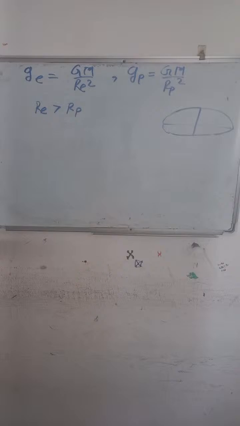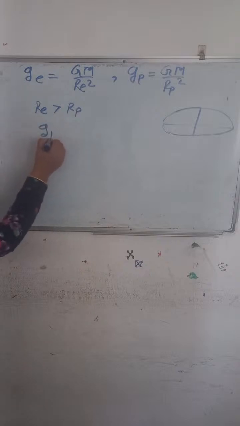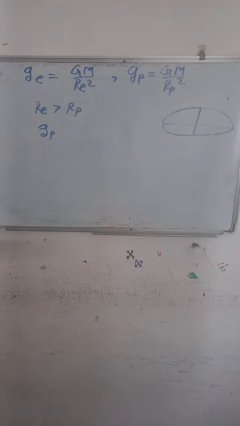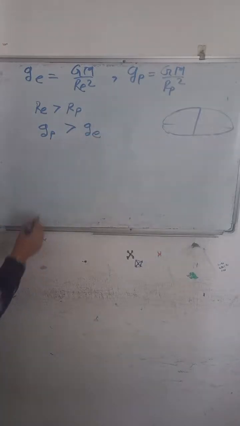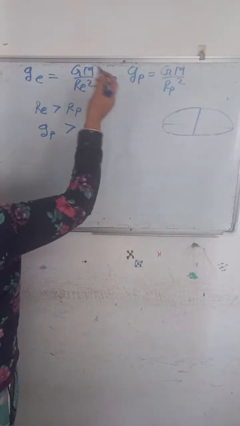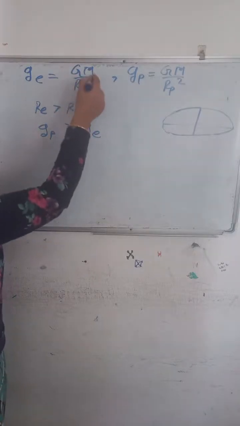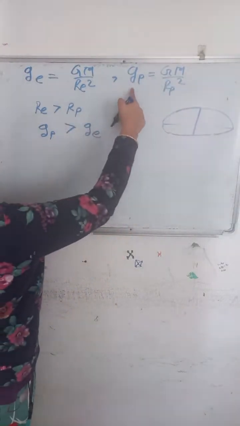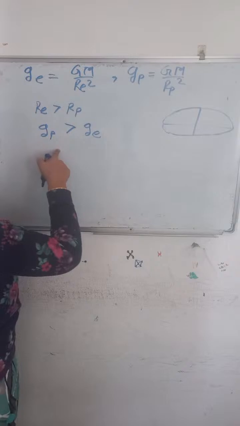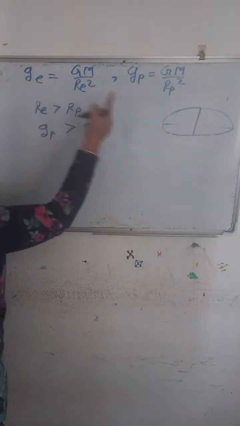So the radius at the equatorial point is always greater, and at the pole the radius is always smaller. Due to that, we can say that gravity at the pole is always greater than the gravity at the equatorial point, because both radii are squared and divided, so the value becomes less and the value of gravity becomes more.